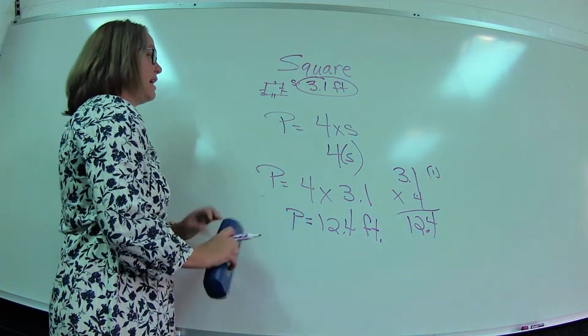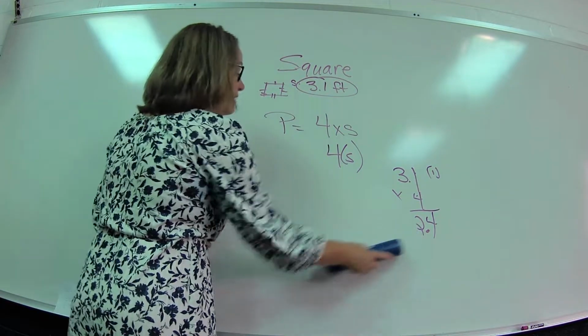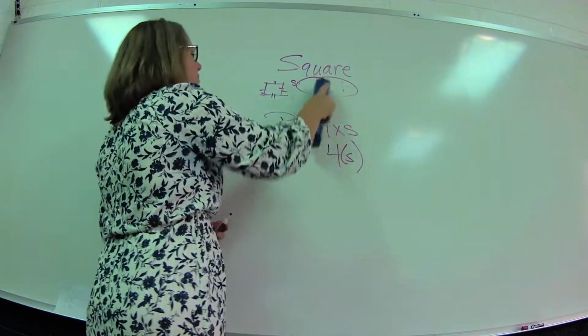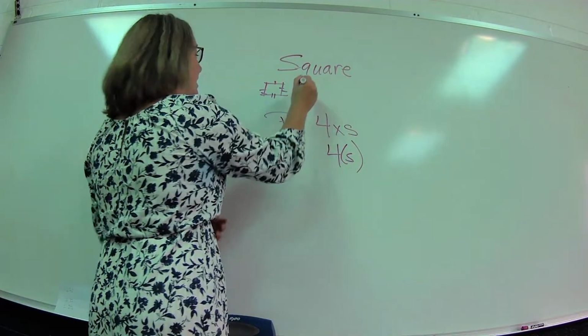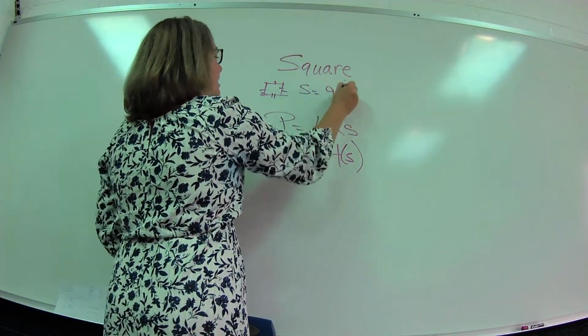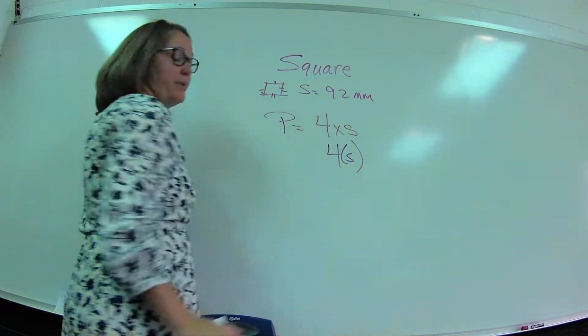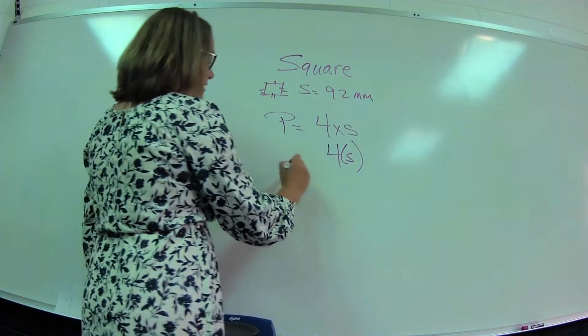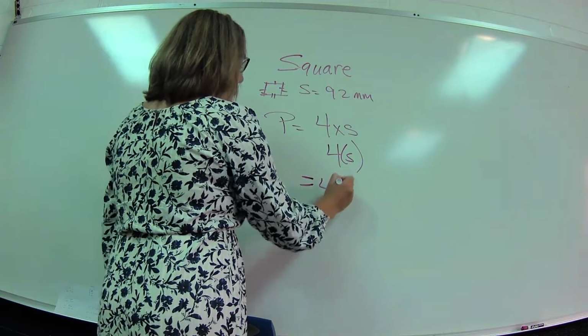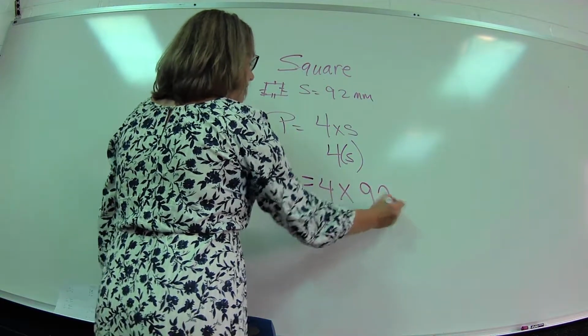All right, so that side was 3.1. Let's give us a different measurement in practice. All right. So what if they said side was 92 millimeters? Okay. P equals 4 times S. So equals 4 times 92.